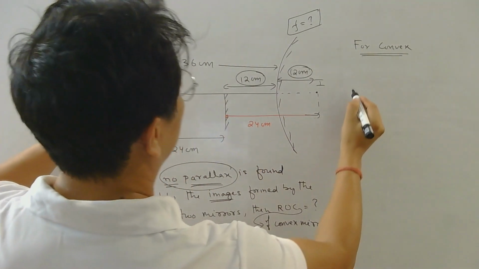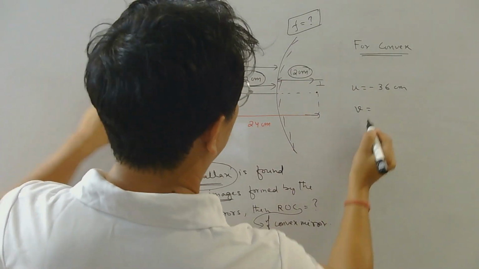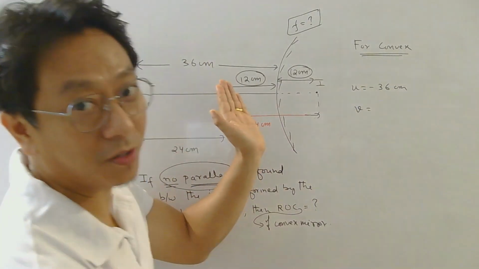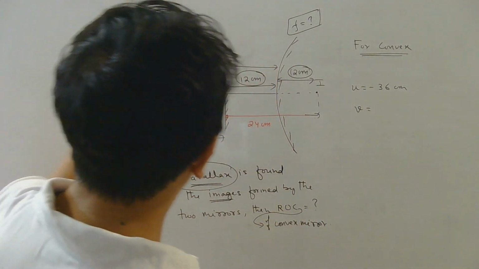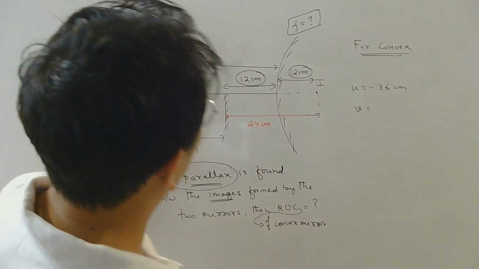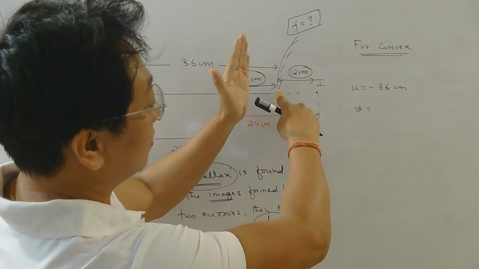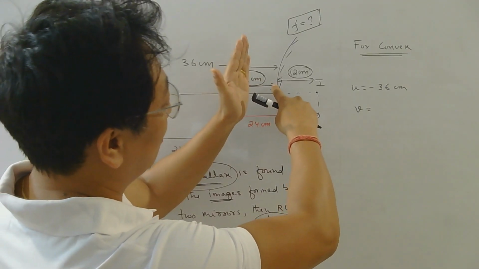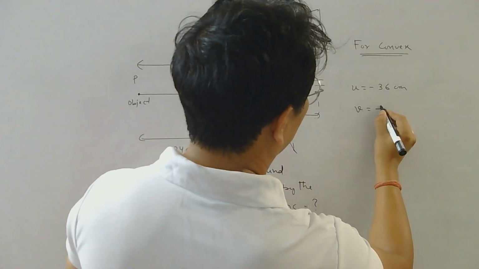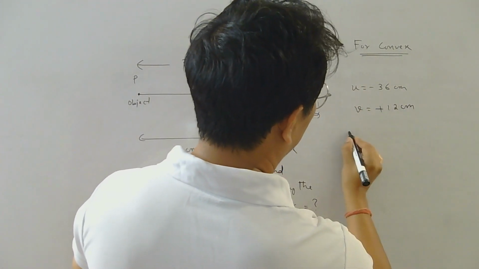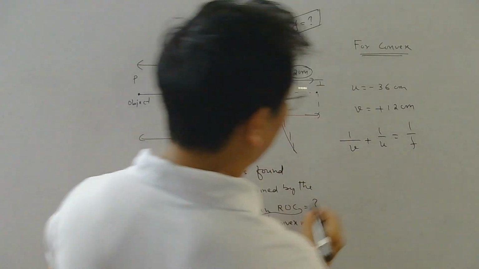So for the convex mirror, what is the object distance? Minus 36. What is the image distance? Plus 12, because it is on the right side. The incident ray goes this way from the object to the shiny part of the mirror, and we have to measure distances from the pole. So from the pole to this, when I go to the image, it is positive, so plus 12. The formula is 1 by v plus 1 by u equals 1 by f.